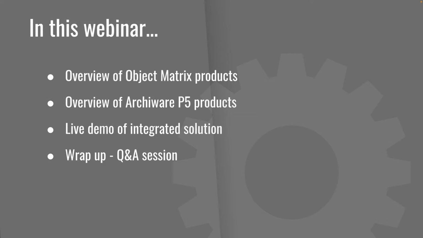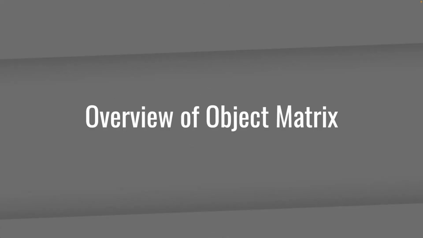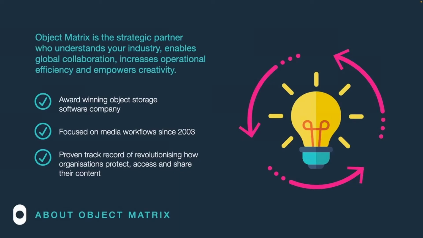And then we're going to switch into a bit of a live demo segment where Mark's going to show you some of the web interfaces that we've been talking around in the Object Matrix sphere. I'll do the same within P5 and we'll do a little bit of live archiving to some cloud storage, and then we'll do a wrap up and take those questions that we're hoping that you're going to ask us at the end. So with that, over to you, Mark, with an overview of your side of things.